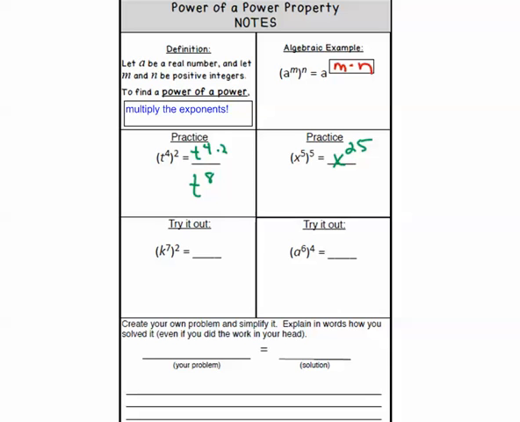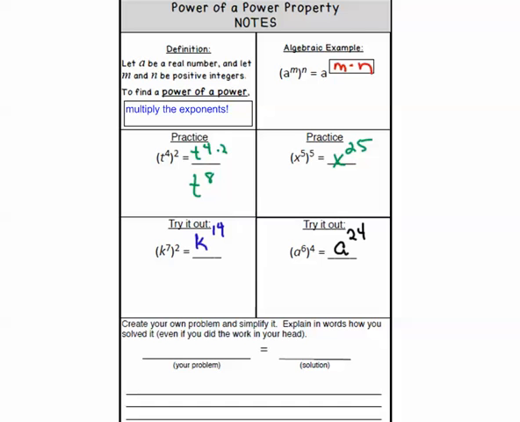And then down here you see k to the 7th squared, which would be the same as k to the 7 times 2, or the 14th power. And finally, a to the 6th raised to the 4th power would be a to the 6 times 4, or a to the 24th.